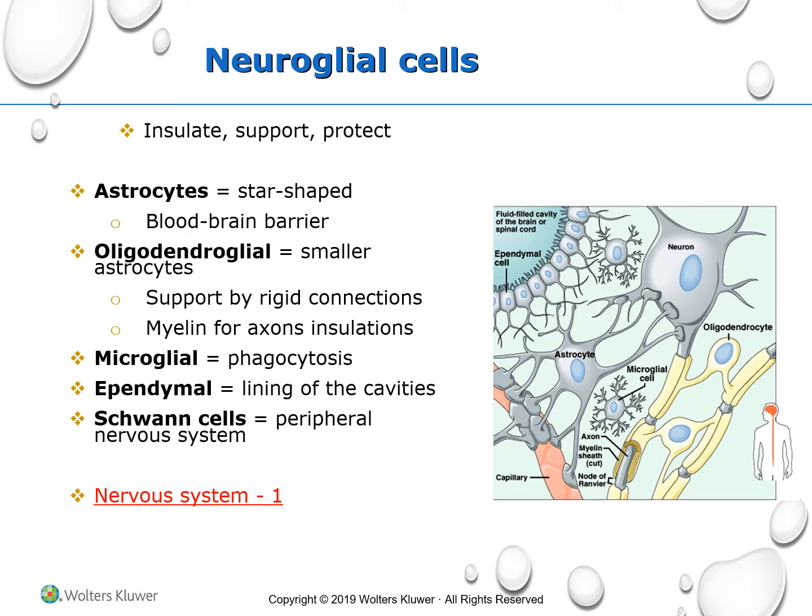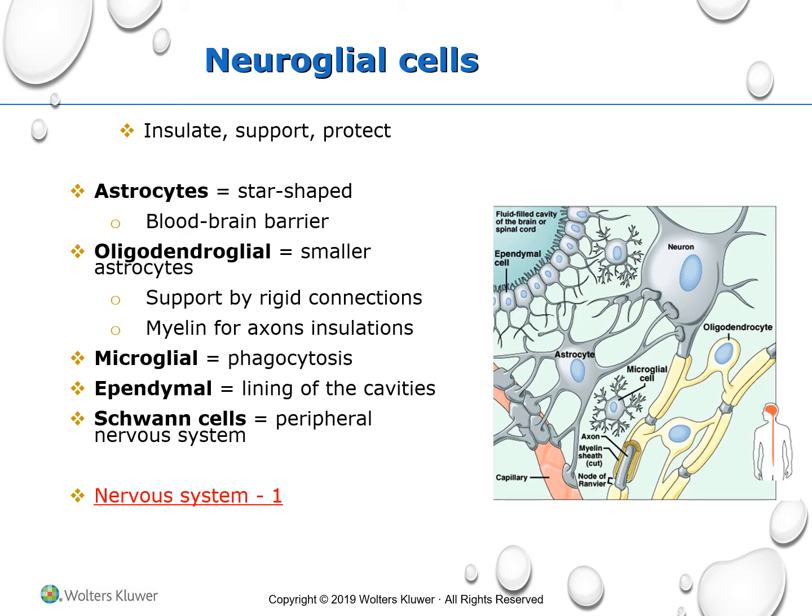We have oligodendrocytes that form the myelin sheath at the level of the central nervous system. Again, you can see them in the picture. Microglia is a cell that is able to perform phagocytosis to remove and clean pathogens and any kind of waste materials or dead neurons.